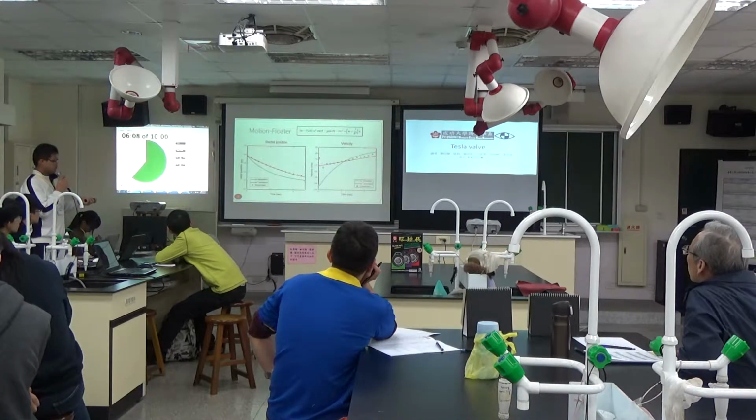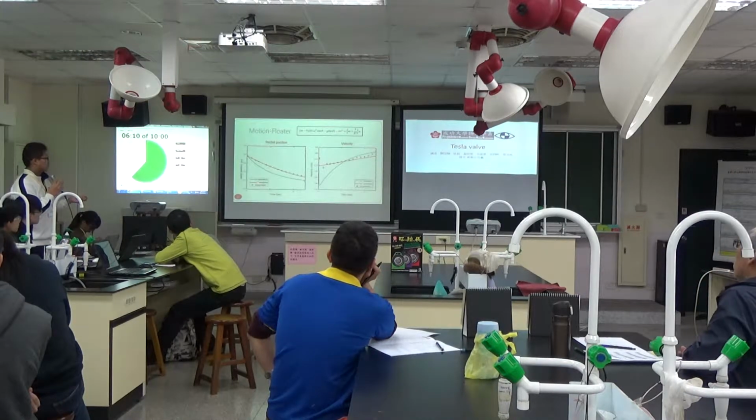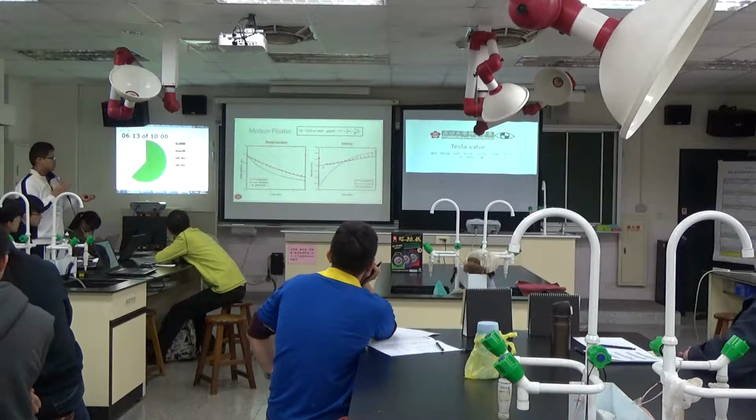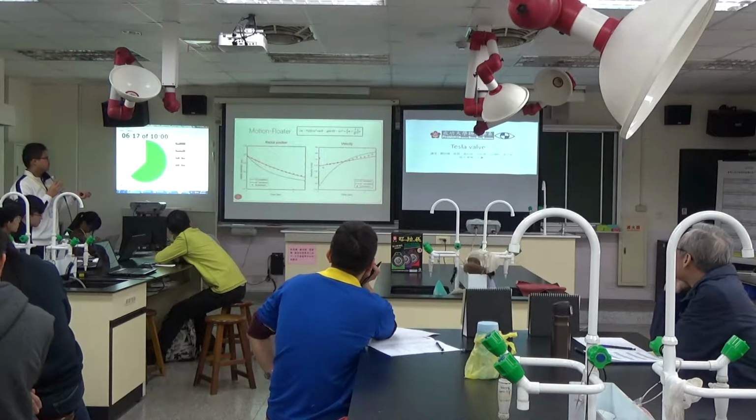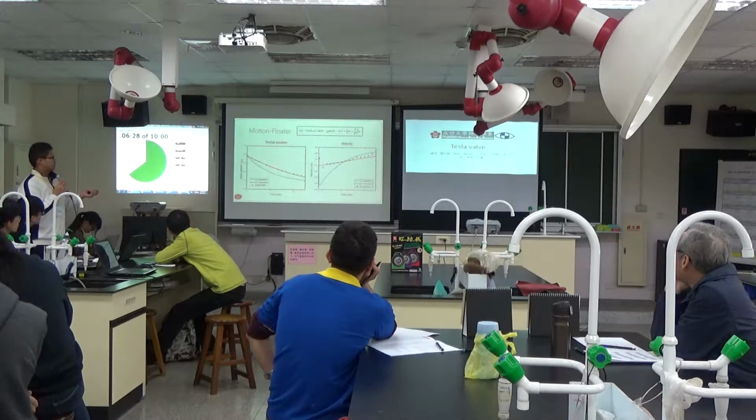And for the floater, we have to discuss whether the drag force is proportional to V or V squared. For V, we have the simulation as a green line, and for V squared, we have the simulation as the red line. The black points are our experimental points.